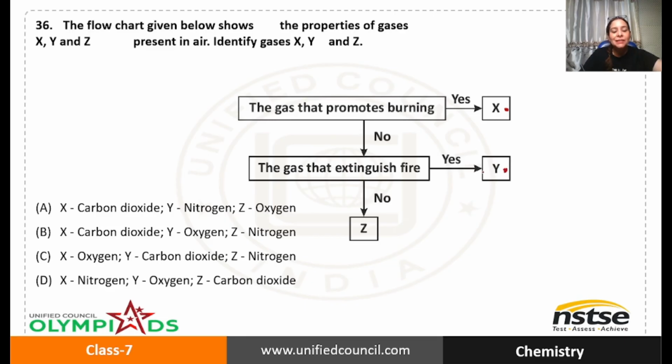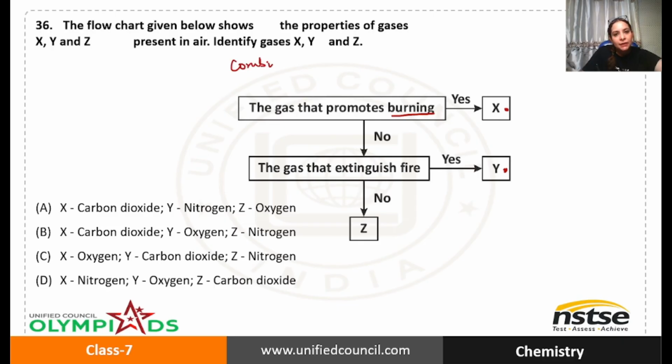Then we have a gas that neither supports burning nor extinguishes fire, that is Z. Now let me tell you, burning means combustion. The process of burning something is combustion. And for combustion we need three things.